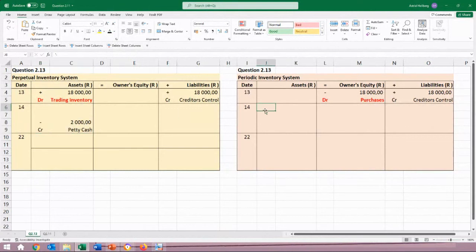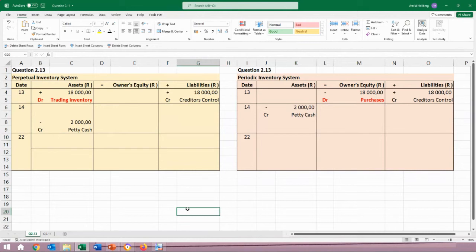And it will be exactly the same under the periodic system. Now the question is that railage, that 2,000 Rand that we paid to get our inventory to its location. What do we do with that?